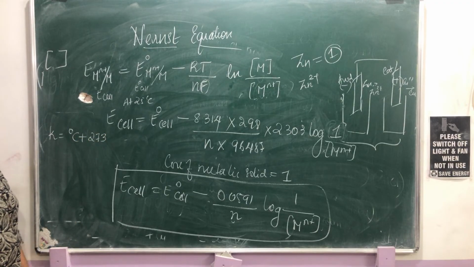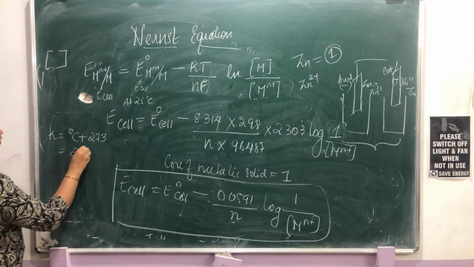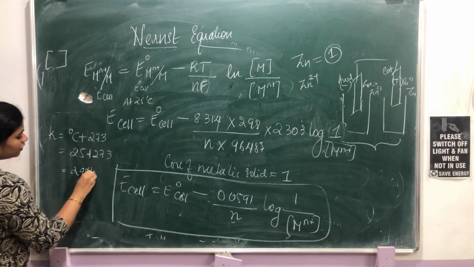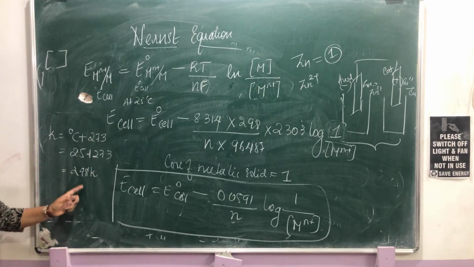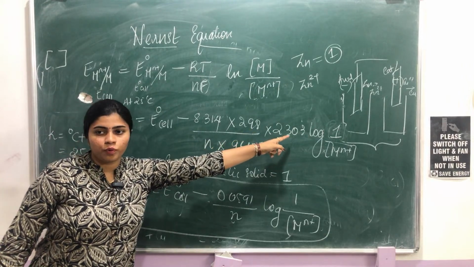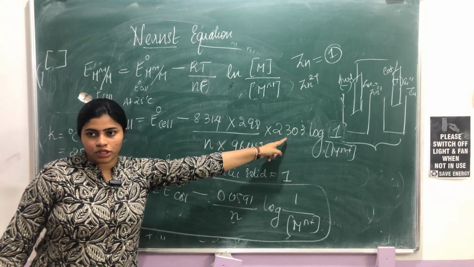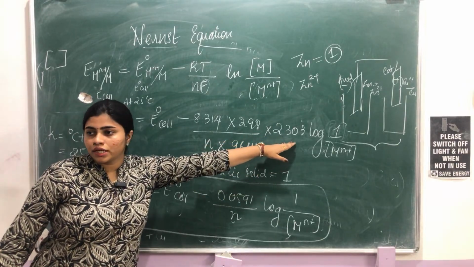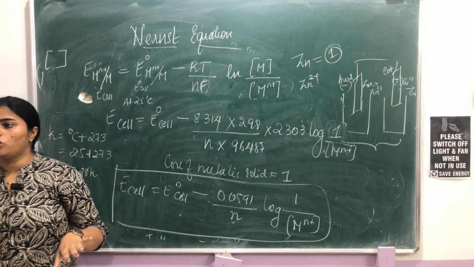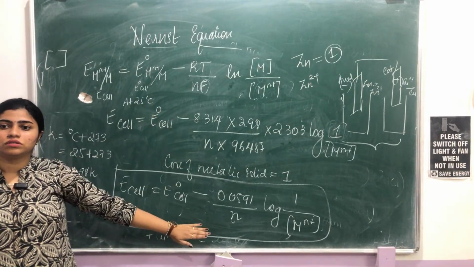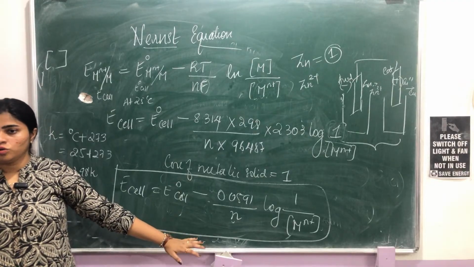First chapter, 11th standard. 25 plus 273 gives 298 Kelvin. So multiply it in 8.314 into 298 into 2.303 divided by n into so much. What is 2.303 now? Ln getting converted into log, you have to multiply by 2.303. Any doubt till here? No?